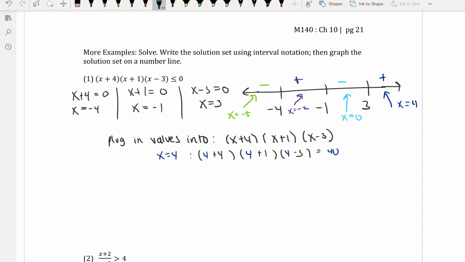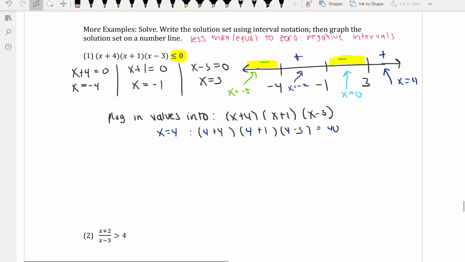So that's a positive. And notice that we're looking for things that are less than or equal to 0. So when it's less than or equal to 0, then I know that I'm specifically looking for my negative intervals. So if I'm looking for my negative intervals, that's here and here.